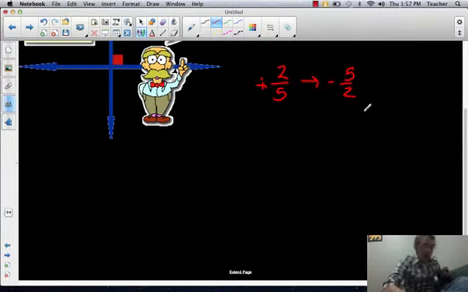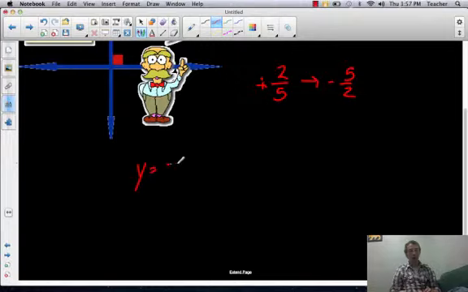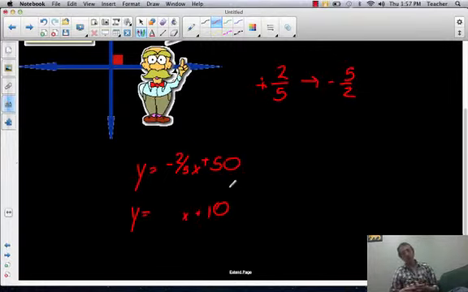For example, an equation of two perpendicular lines would be y equals negative 2/5 x plus 50, and y equals, oops, I forgot the x. Now, this one I'm going to let you guys think on for a second. The negative reciprocal. Remember, what we're doing is we're taking away the negative sign because we have one here, and we're flipping the fraction upside down.